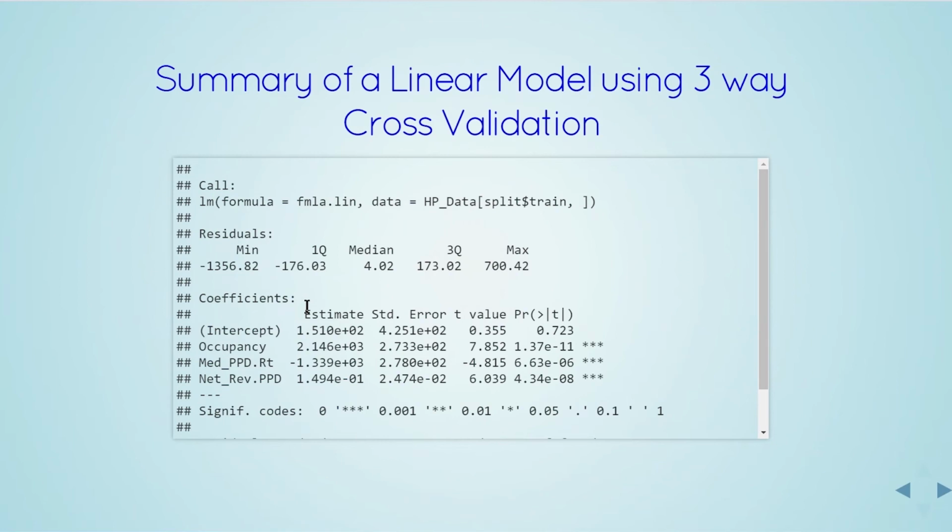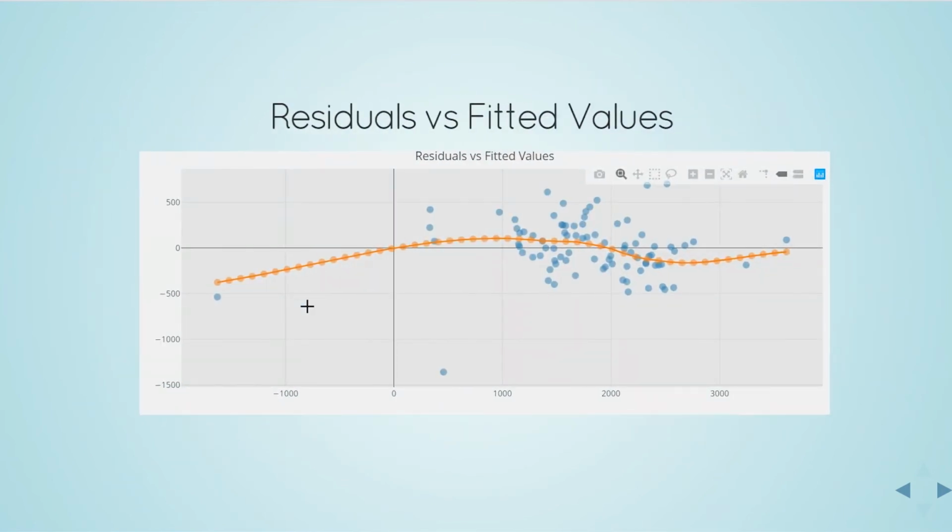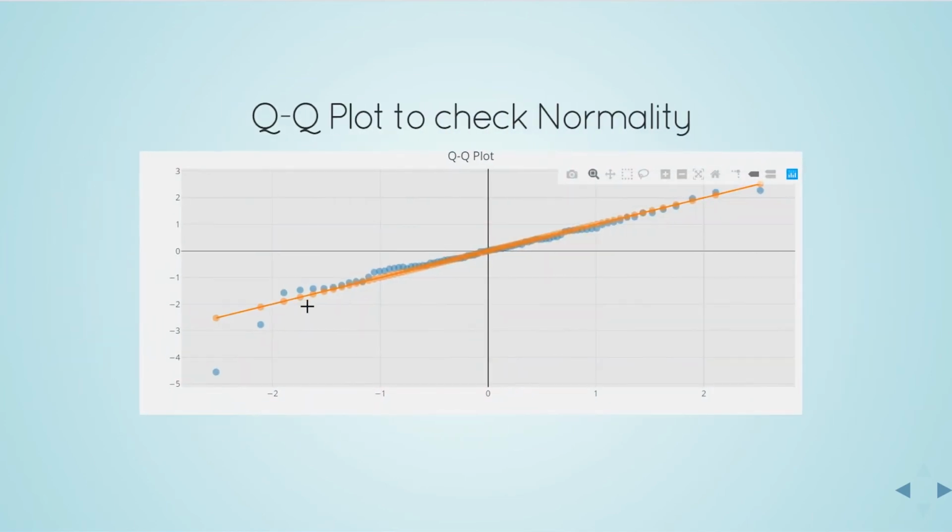Okay, so this was a summary of the linear model, and it's actually not too bad in terms of fit. I think it was around 84% R squared, and it showed occupancy, medical per day, and network revenue all to be fairly significant. And then these are the plots of the residuals.